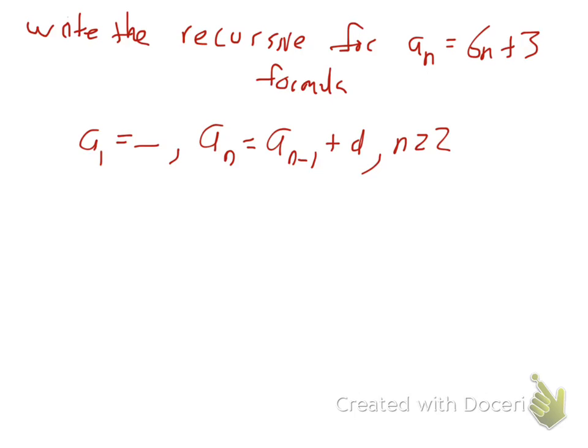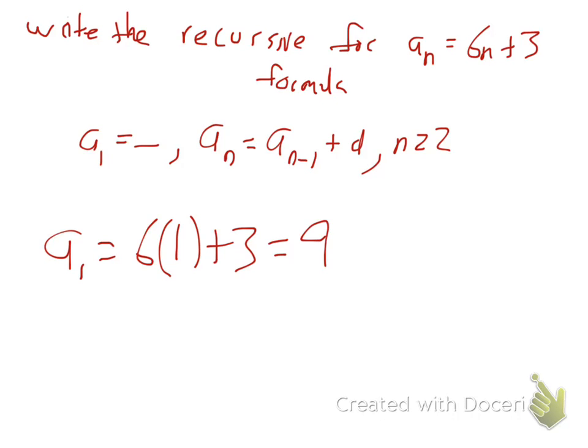Well, here's the thing. If I want to know the first term, what can I put in for n? N stands for the term you're looking for. So if I want to know the first term, I put in 1. So a sub 1 is 6 times 1 plus 3, which is 9. Also, a really cool thing here: the number that's on your variable n is the common difference.